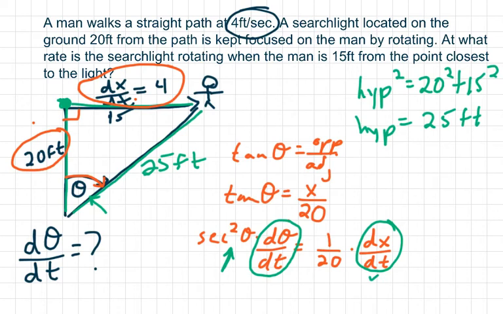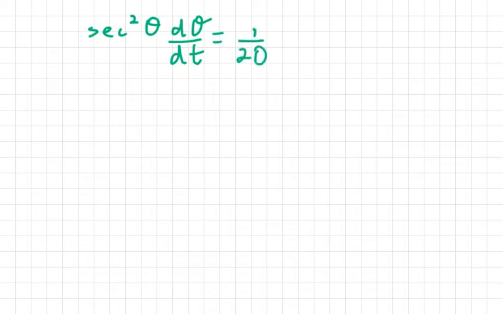So let's go. I'll flip the page, and we'll see where we can substitute in here. So we'll add a page. Okay, so again, we've got secant squared theta, d theta over dt is equal to 1 over 20 times dx over dt. Okay, and we wanted to isolate d theta over dt.